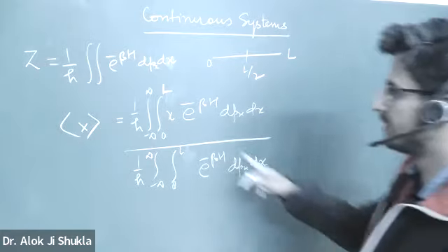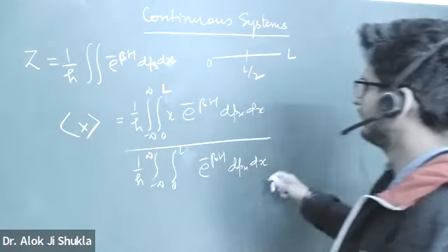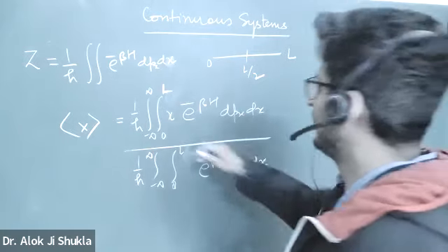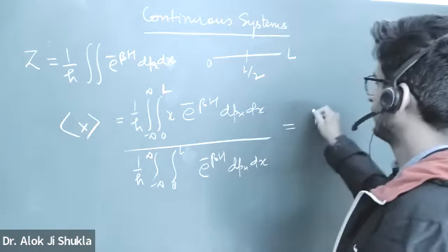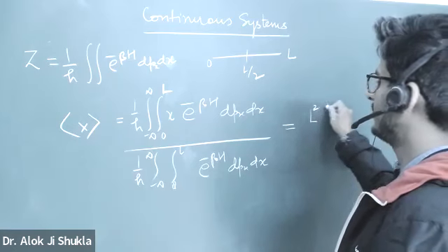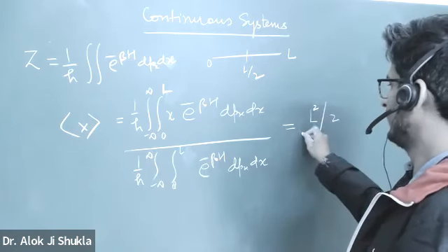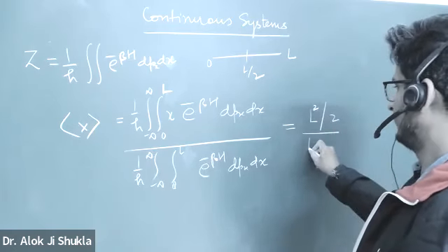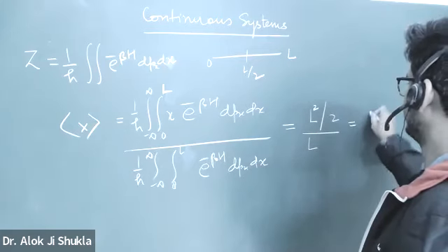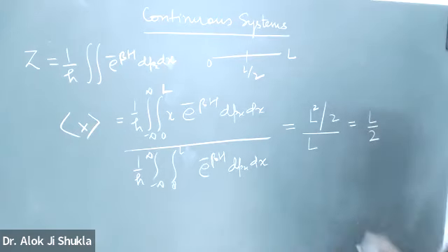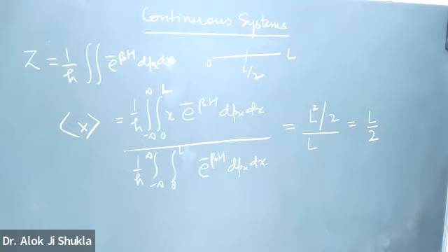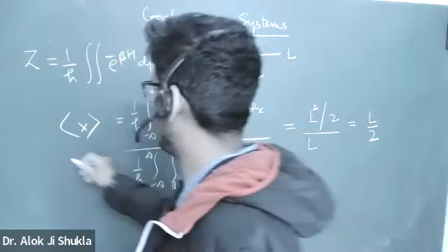This will be still not creating any problem, but x will have to be integrated. So कितना आ जाएगा? ऊपर आ जाएगा L² by 2 और नीचे L. So it will be L/2. So average position of the particle will be at L/2, obviously.